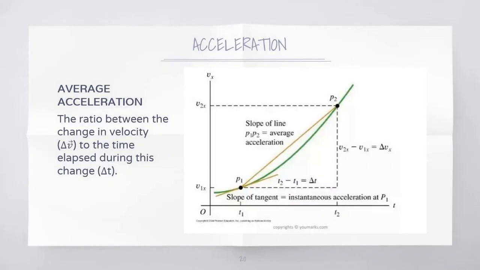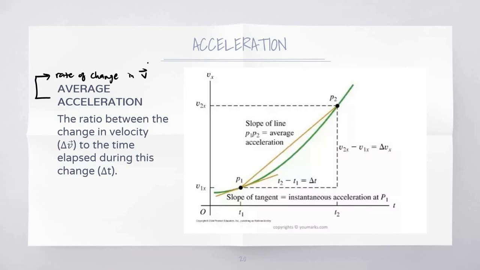Alright, how about acceleration? Just like what we did with average velocity, we'll pattern our formula for average acceleration with the slope of the line. But before we do that, let's first define acceleration. Acceleration is defined as the rate of change in velocity.